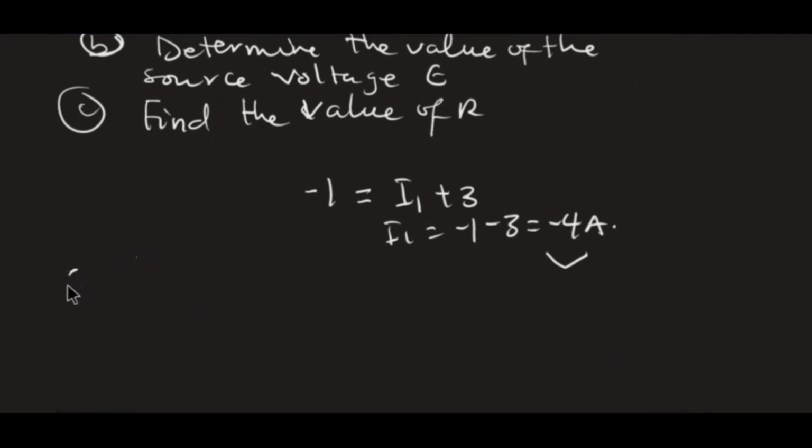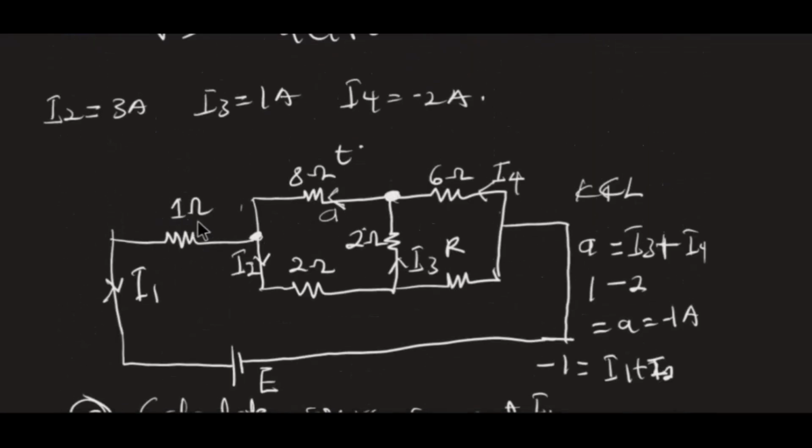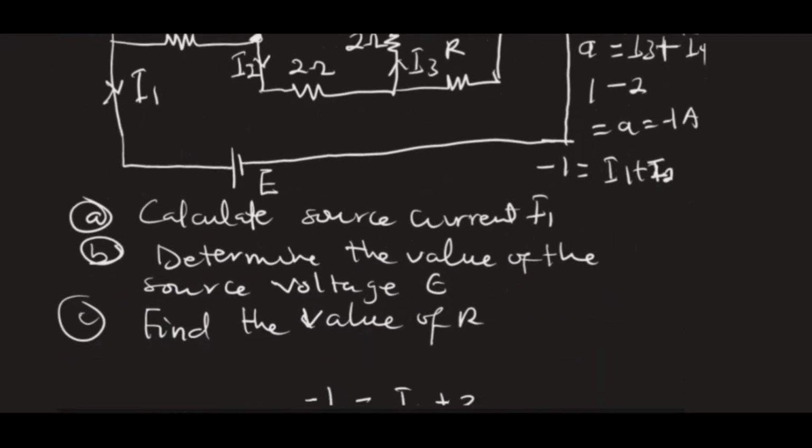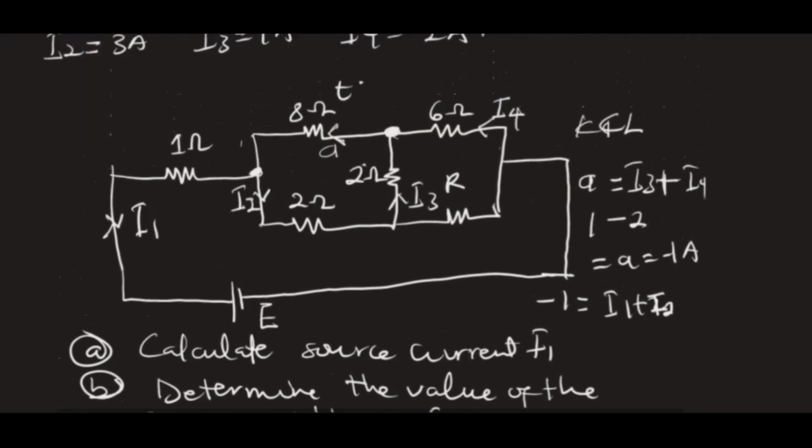So E, being the total voltage on that loop, is equal to the voltage drops. The first voltage drop is across here. Look at the loop I took. I took this loop so that my E will be positive, and it's against this I1 direction. So the first voltage drop here is going to be negative of I1, so negative I1 times 1, which is the resistor.